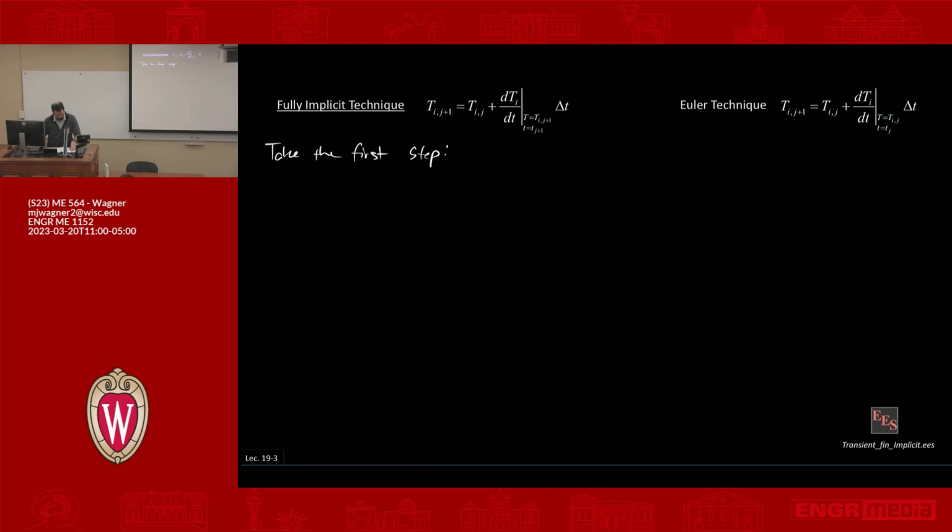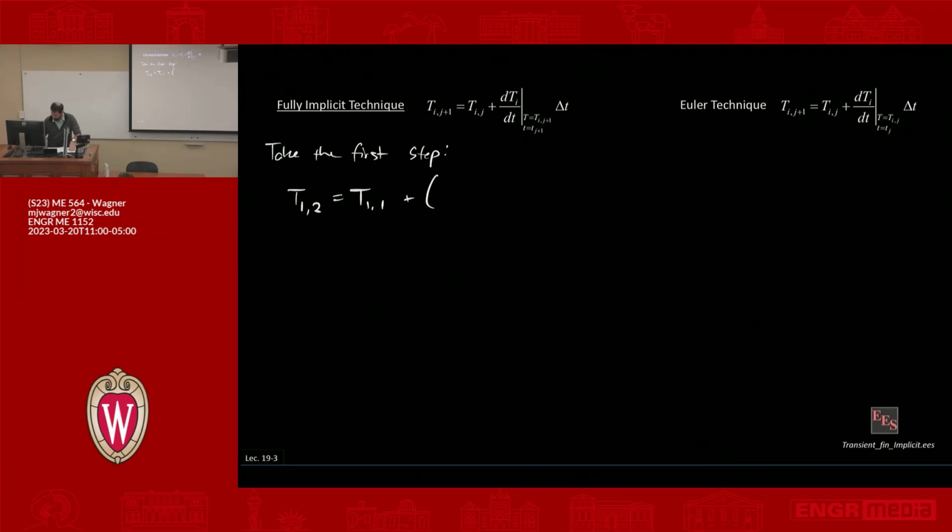And so let's start with node 1. I didn't show the derivation up here. I'm just going to go through it using the equations we previously derived. So T at node 1 and time step 2, T1,2, is going to be equal to the temperature at node 1, time step 1, plus my evaluation of dT/dt at the end of the time step.